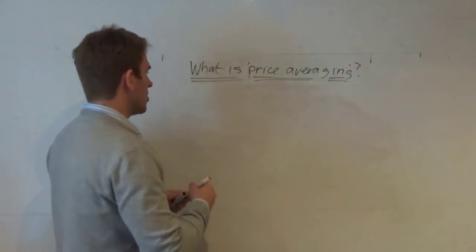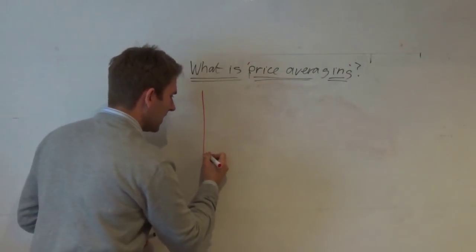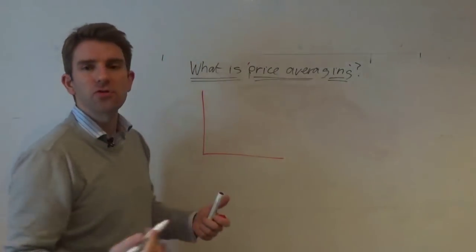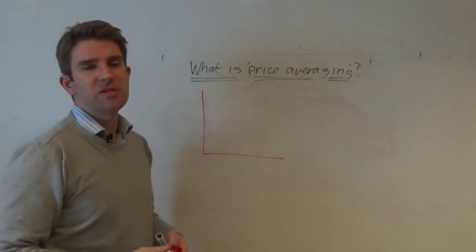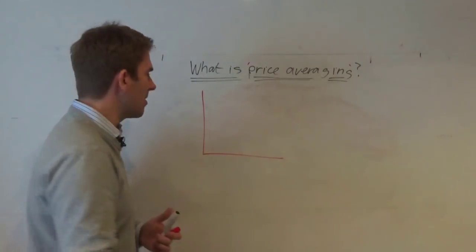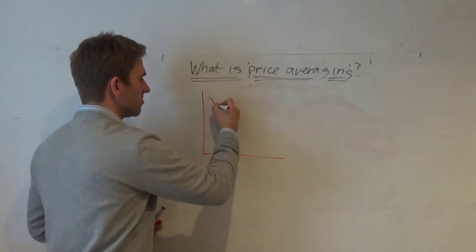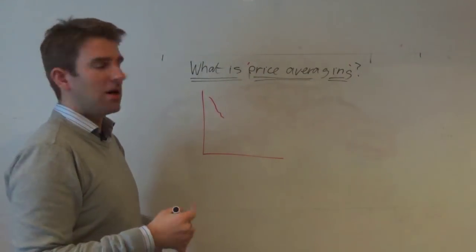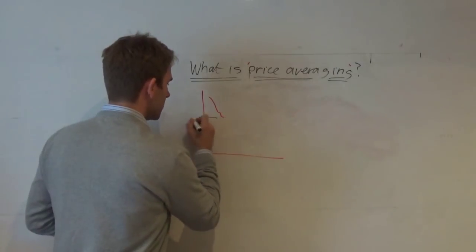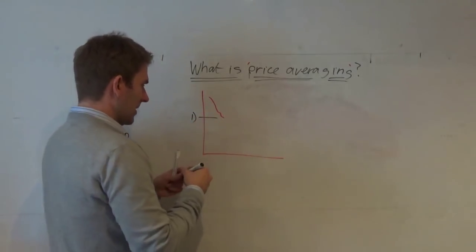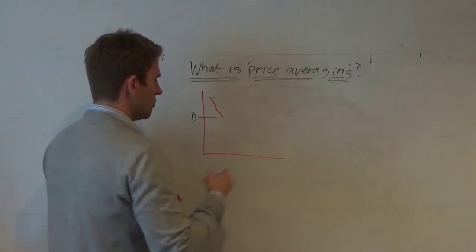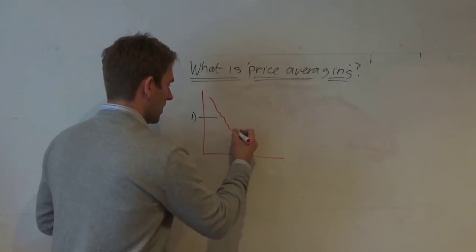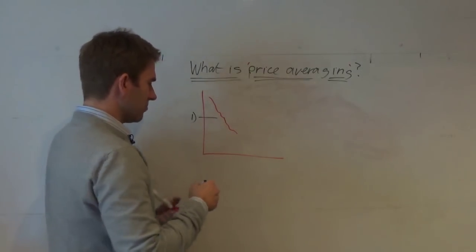So we have a chart here, and we have a stock, a futures contract, a currency pair. It could be anything, a generic market that's moving down. Let's say our first purchase of this market is here. So that's buy level 1. Then the market carries on moving down and we buy some more, at buy level 2.